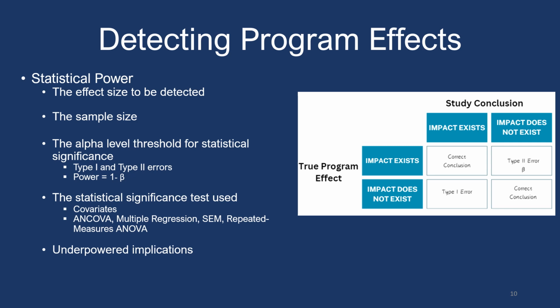A useful covariate will be pre-intervention measures of the outcome variable itself, as pre-test measures are expected to have a relatively large relationship with the post-test measures, and that can thus boost the statistical power. Such designs include analysis of covariance, multiple regression, structural equation modeling, and repeated measures analysis of variance.